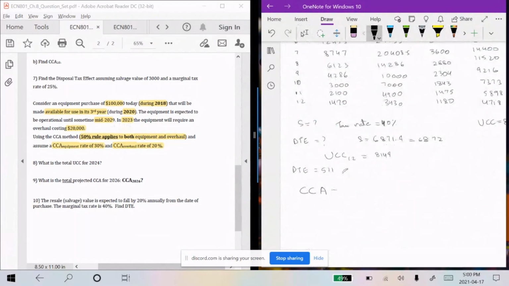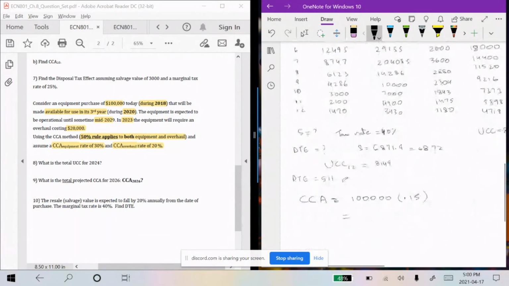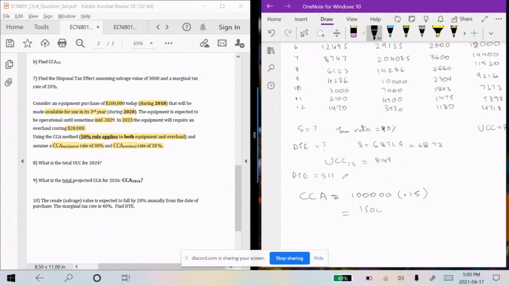So to calculate the CCA, what we do is 100,000. And the equipment has a CCA rate of 30%, but then it's the first period, so we take 0.15, which is half of 30%, following the 50% rule. And you get $15,000 for the first one.